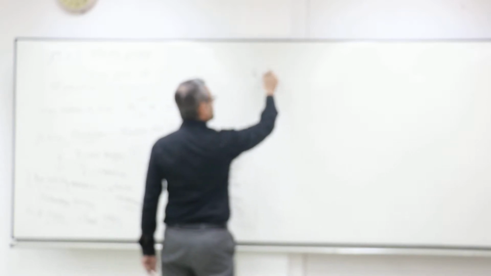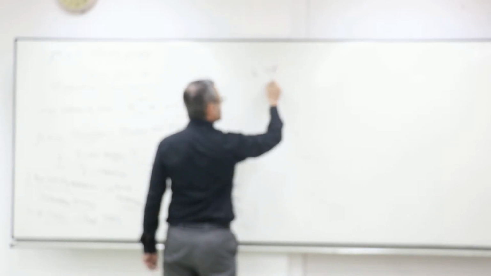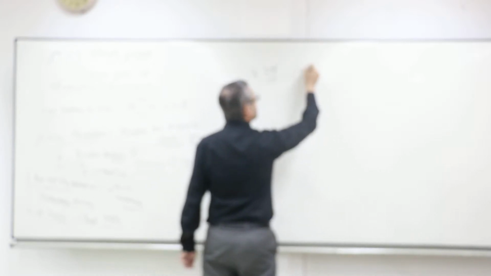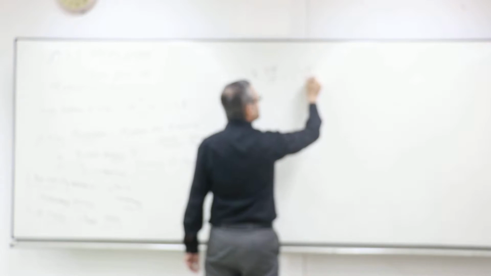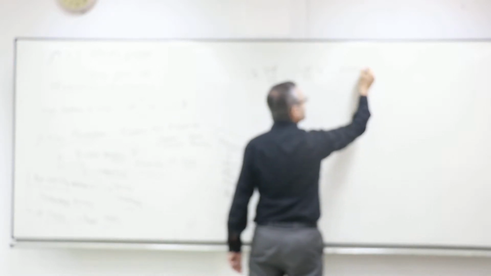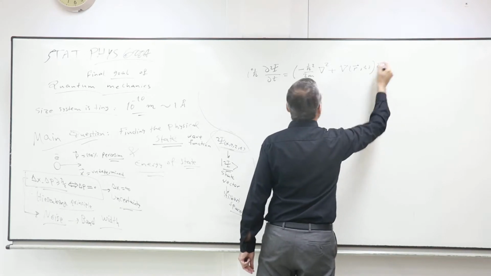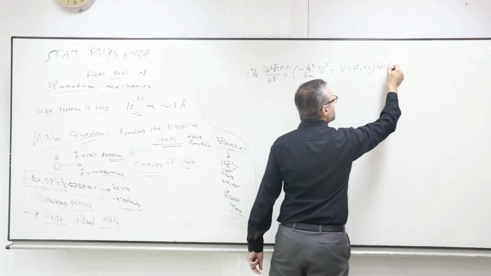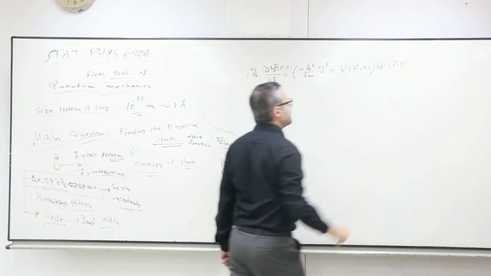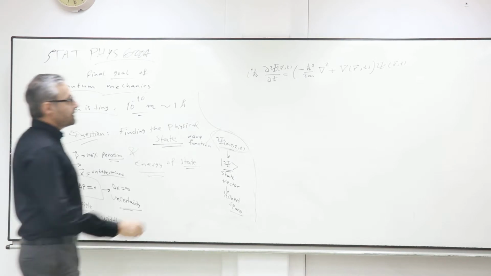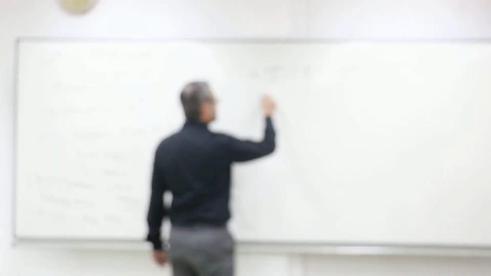From the very basic quantum mechanics, we know that the psi, I write this equation, this is the Schrödinger equation actually, for the wave function. And the psi is a function of x, y, z, and t. So this is the equation. This equation is a second order partial differential equation.